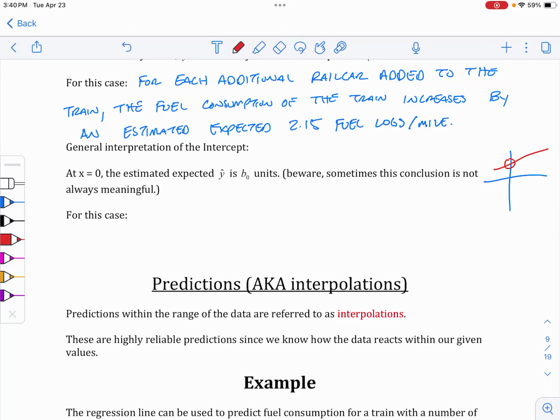All right, this is the y-axis, and what does that mean? So at x equals 0, for our case, when there are no rail cars on a train, okay, that means a train consists of engines only, all right?